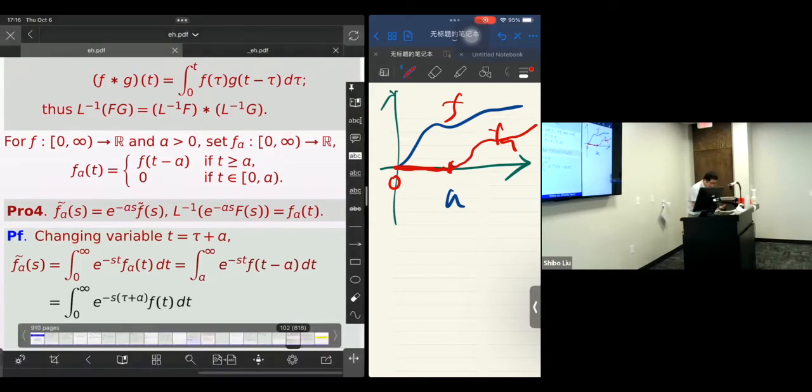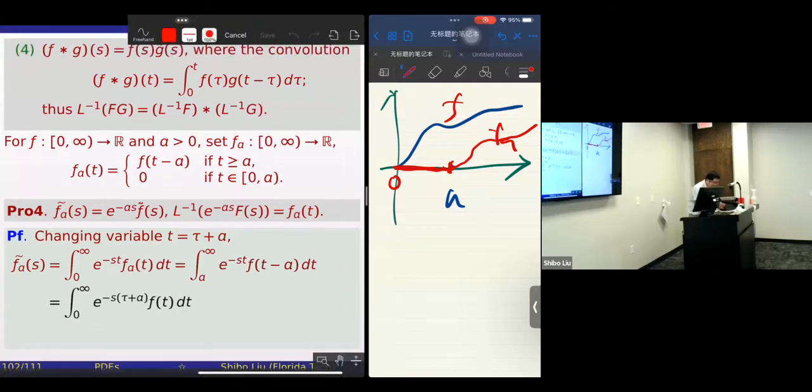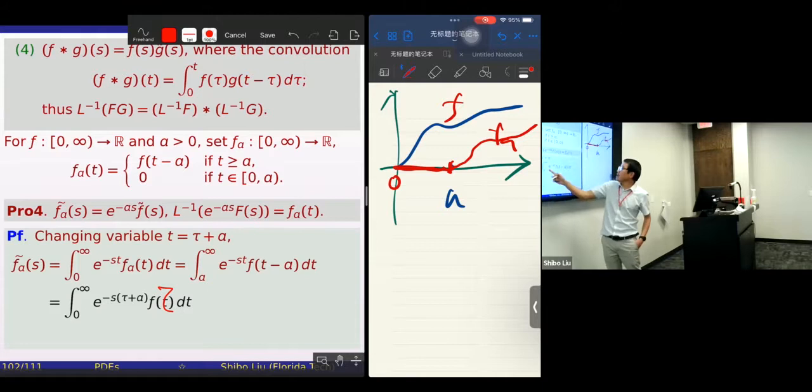Sorry, this is tau, not t. And t is tau plus a. Then when t equals a, tau is 0. Therefore, the limits of the integration are 0 to infinity.